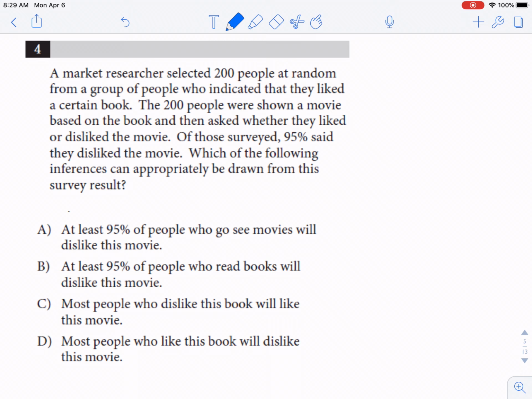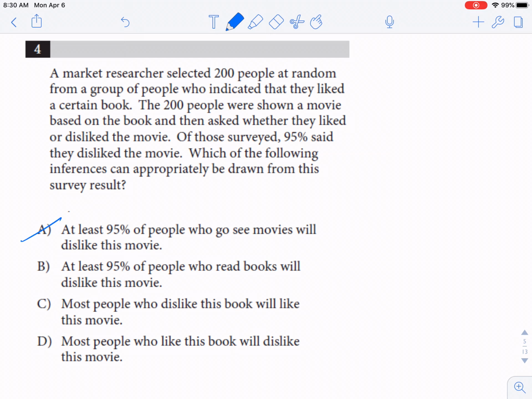So surveys are all around us. But what can we get out of a survey and the result that's given to us? At least 95% of the people who go see movies will dislike this movie. No, these are people who liked a book. At least 95% of the people who read books in general?